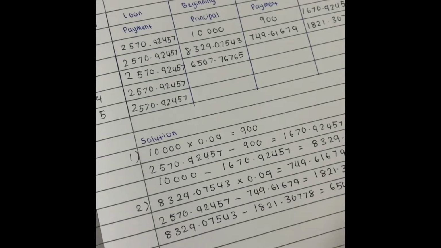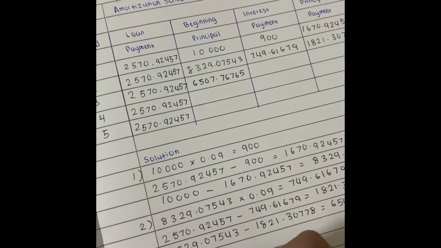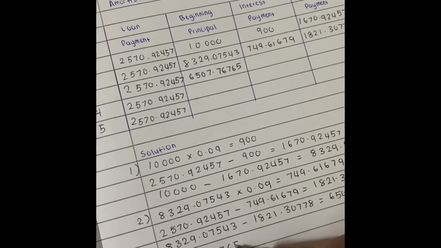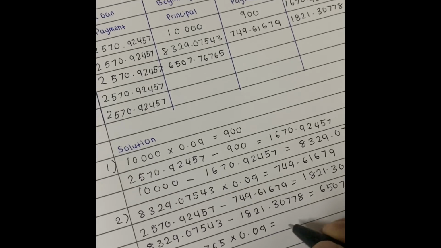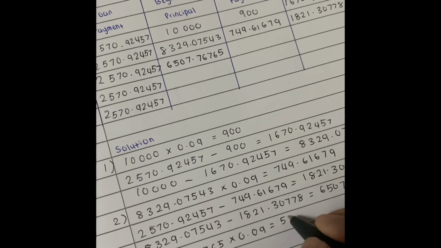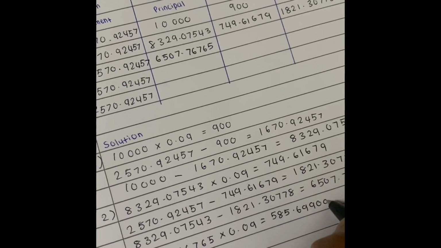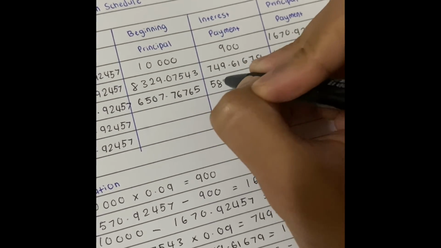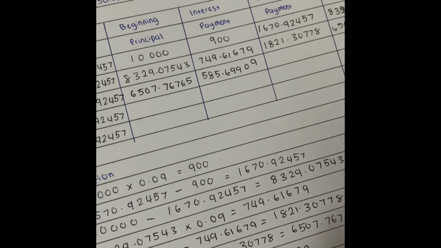So the interest payment for the third period is 6,507.76765 times 0.09. We will get 585.69909. So the interest payment is 585.69909.